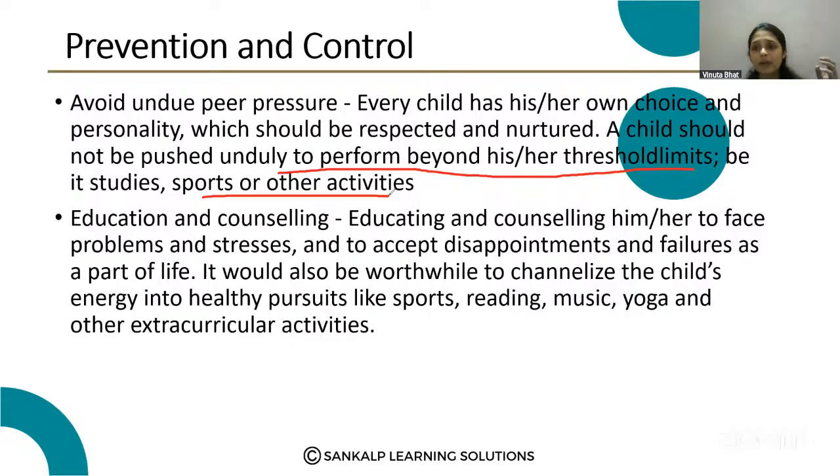Every child has their own ability. We should not compare one child with another, and we should not push them to cross their limits. They have their own threshold limits and their own capacities. Beyond these capacities they are not able to perform, whether in studies, sports, or other activities.